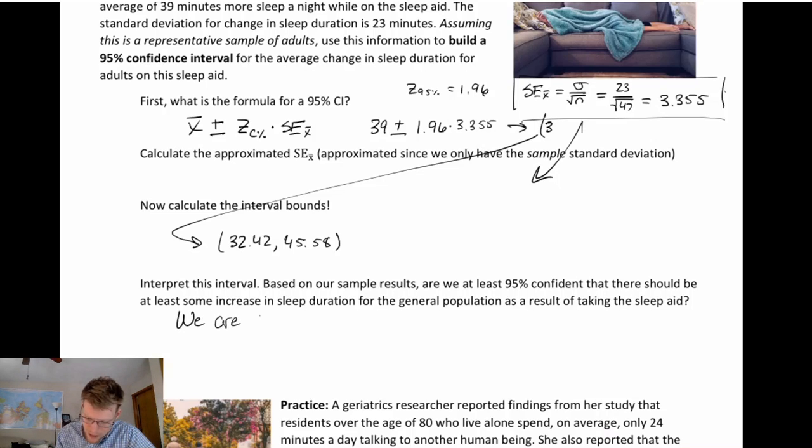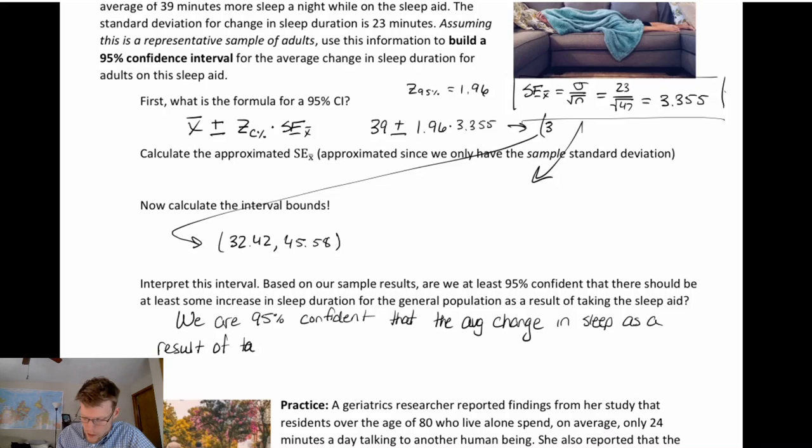We are 95% confident that the average change in sleep as a result of taking this medication, so getting all this context in here would be nice, is between, and I'm going to note the positive here, because it could be negative in this context, so I'm going to be clear that these are positive numbers.